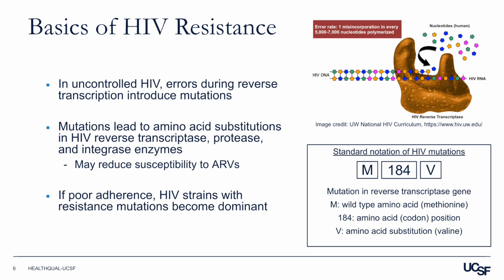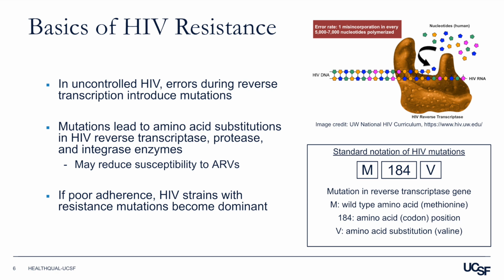And there's so much replication that's happening, HIV is not able to go back and excise those incorrect nucleotides. And so those mutations end up staying in the code, and they lead to amino acid substitutions in the proteins that HIV makes.